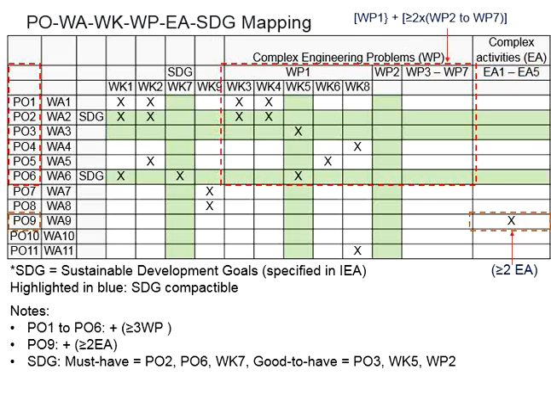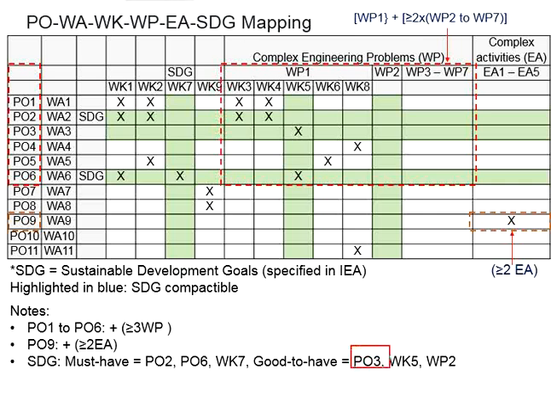As for the SDG, PO2, PO6, WK7 are what you must have, as this has the sustainable development clearly stated in the IEA document.